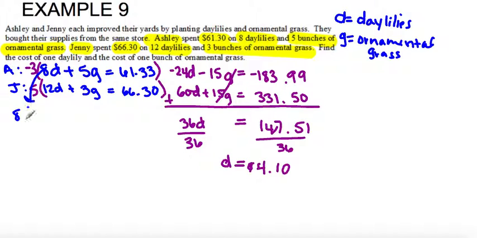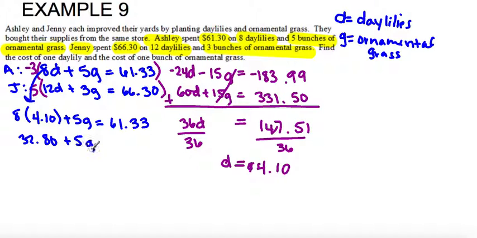I have 8 times 4.10 plus 5G equals 61.33. And then I multiply 8 times 4.10, which is 32.80, plus 5G equals 61.33.